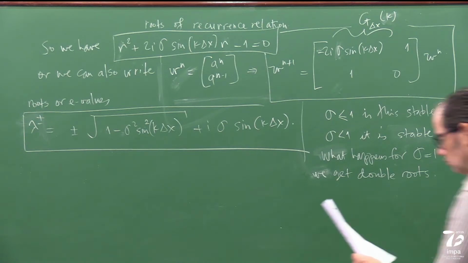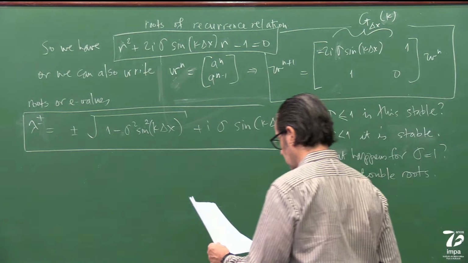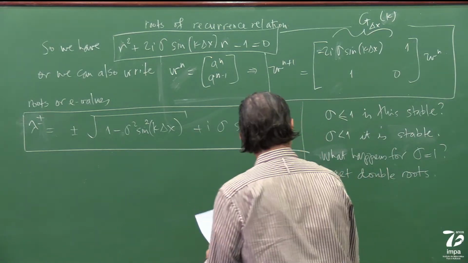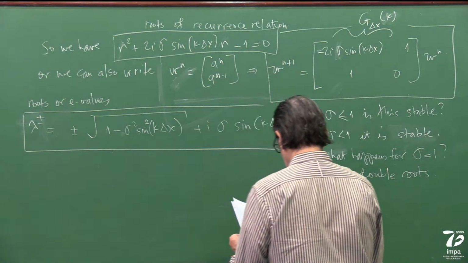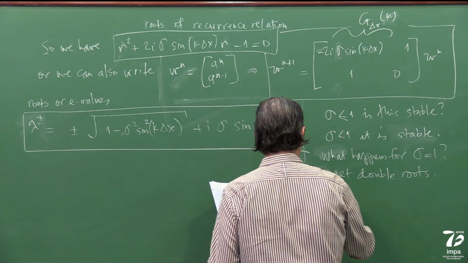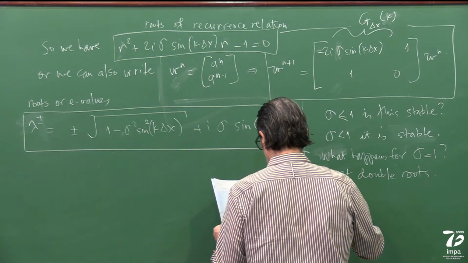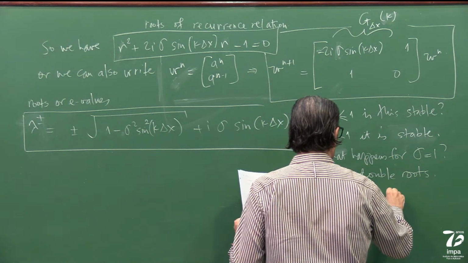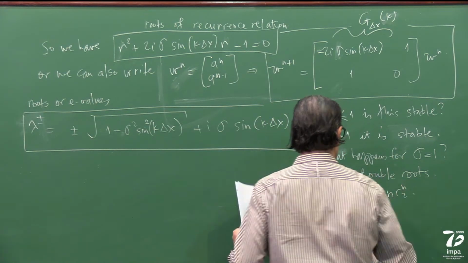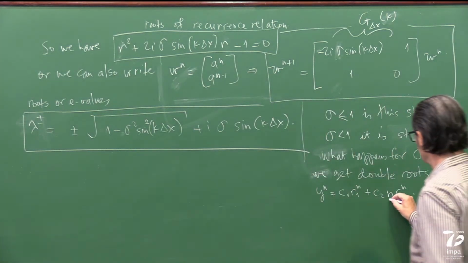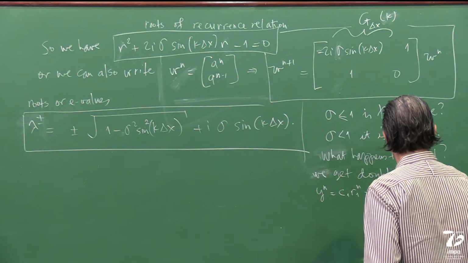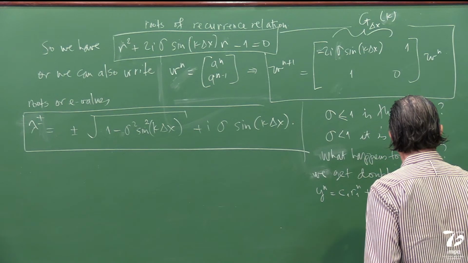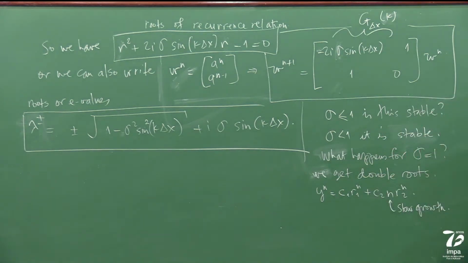If you want to write the solution, remember that when we had a recurrence relation and we had double roots, we would have something like this. So we would have a slow growth in time.